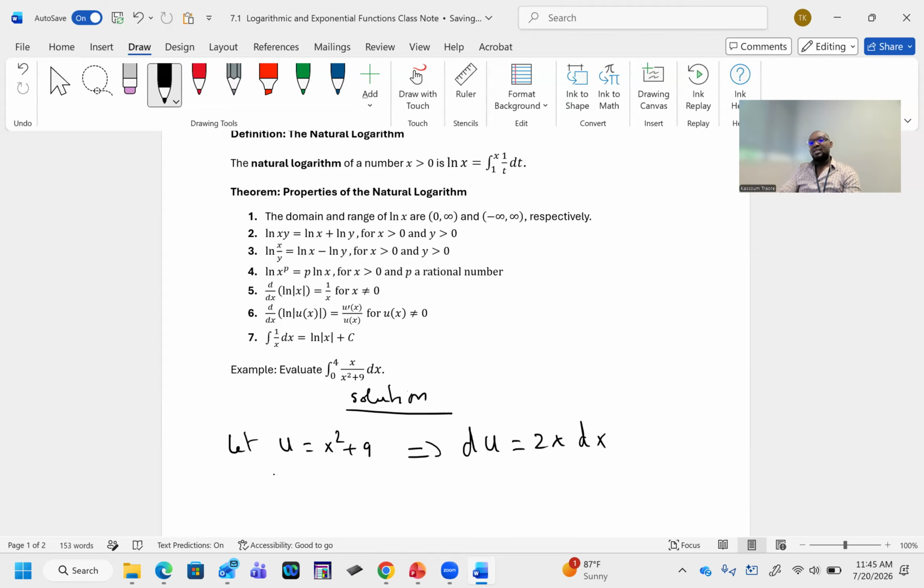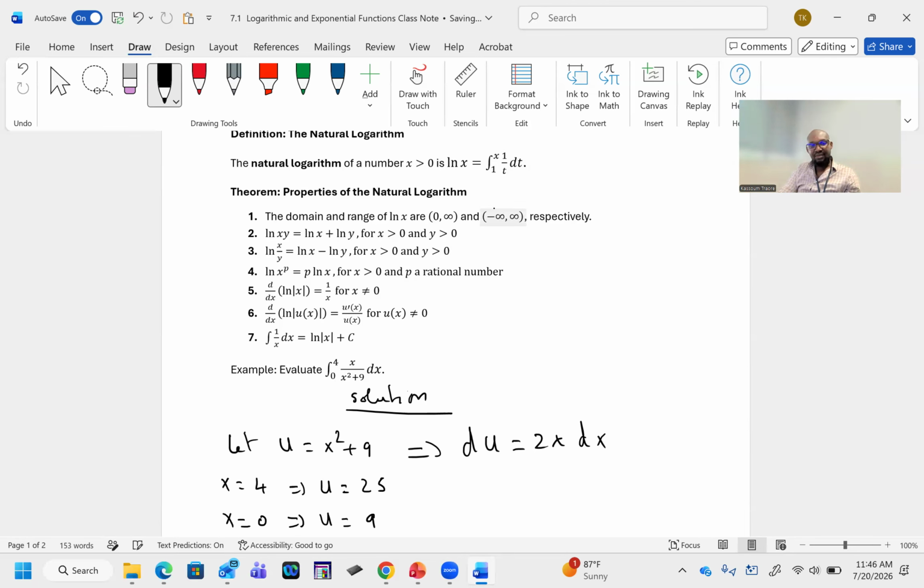So which means 1/2, because right here I can see I only have x, but let's move on that. If x is 4, then u will be what? 4 squared is 16. 16 plus 9 is 25. And when x is 0, u will be what? 0 squared is 0 plus 9 is 9.